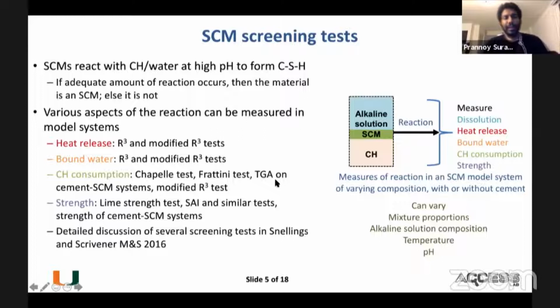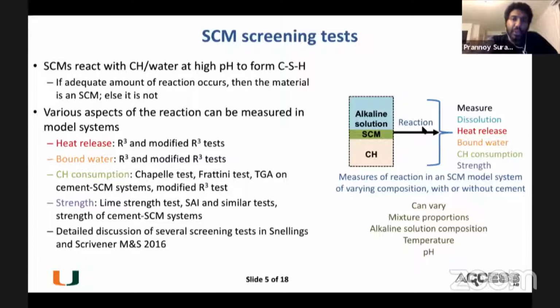Now, let's think of first principles in trying to design an SCM screening test. Basically, what is happening is as follows. The SCM is reacting with calcium hydroxide and water at high pH to form C-S-H, calcium silicate hydrate. Now, as the reaction proceeds, the SCM dissolves into the solution. This dissolution and the subsequent reaction releases heat.